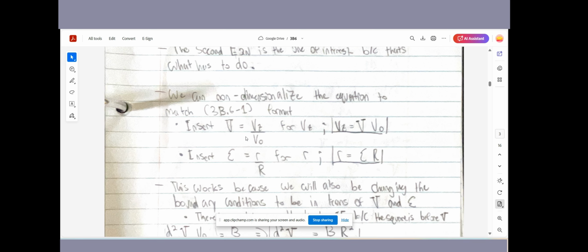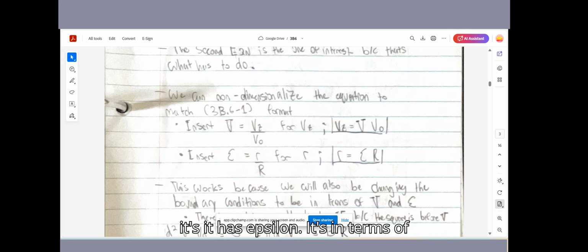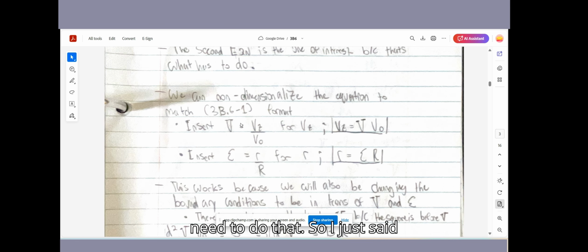Now we have to non-dimensionalize, because the given answer is in the vz over v0 form, and it's in terms of epsilon instead of r. So I said big V equals vz over v0, which is just something I made up so I don't have to write vz over v0.